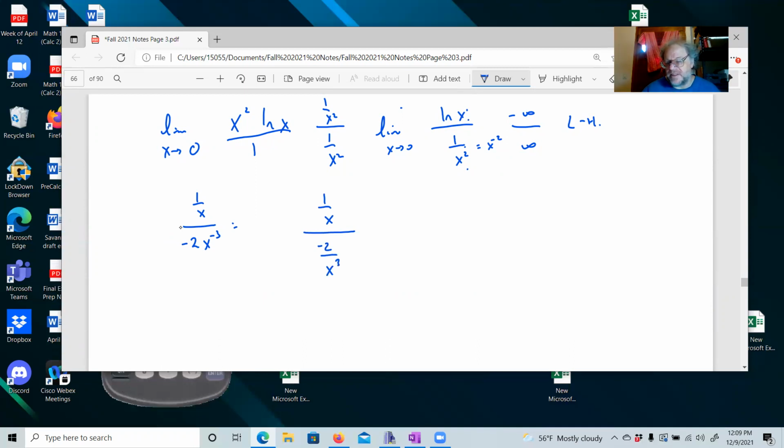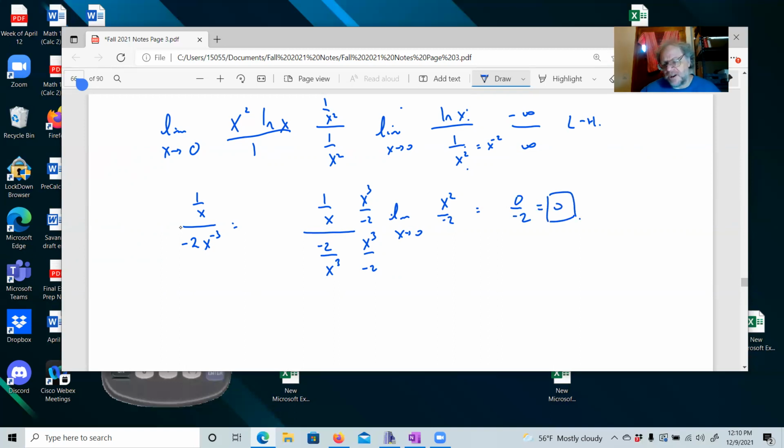Back into a fraction. How do we deal with this? We multiply by x cubed over negative 2, and we get x squared over negative 2. We have the limit as x approaches 0. If we plug 0 in here, we just get 0, so we get 0 over negative 2. That's 0. We're done. That's what you do.